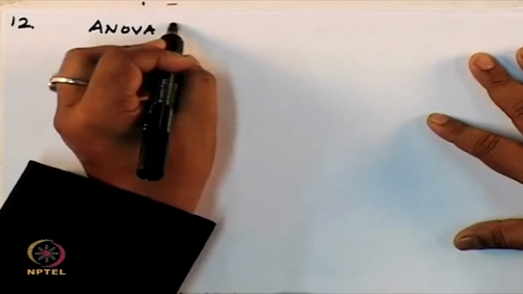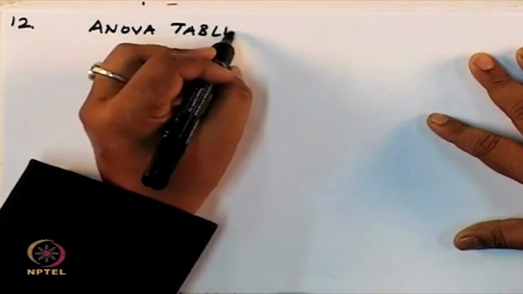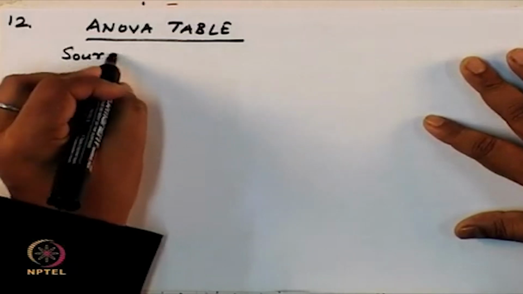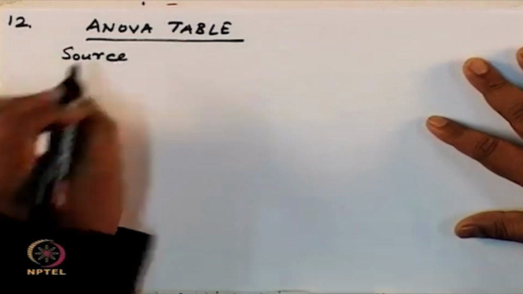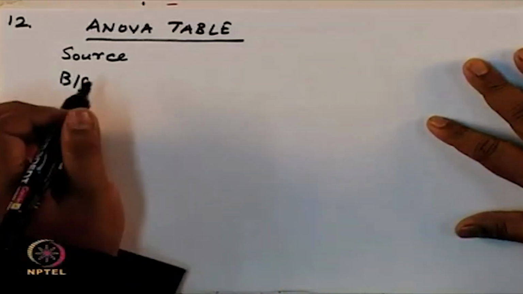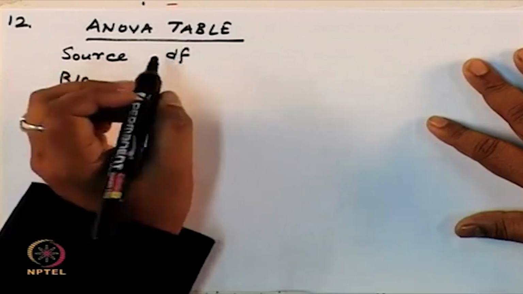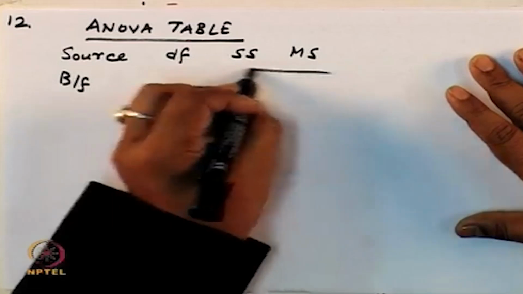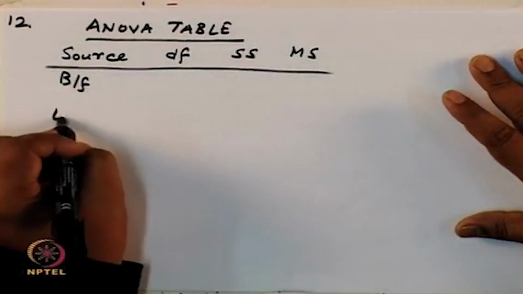Based on these values, we can calculate the ANOVA table. Your source is your meal or breakfast, you have df, ss, ms, and you have error.